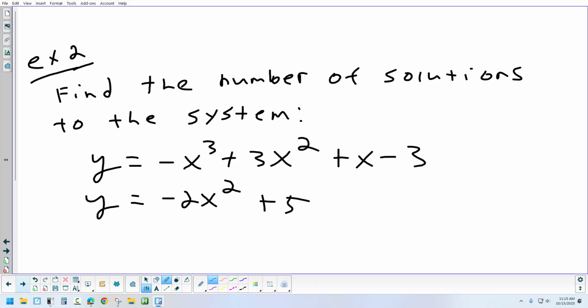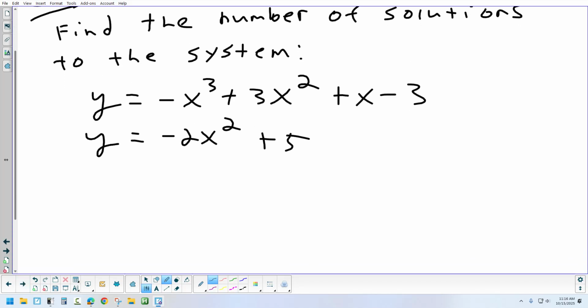How many times can the bottom polynomial turn? Once. So think about the most complicated situation with a cubic and a quadratic. I think that would be as many crossings as you could get. I don't think there's any other way you can arrange those to get more. And three would be the most.